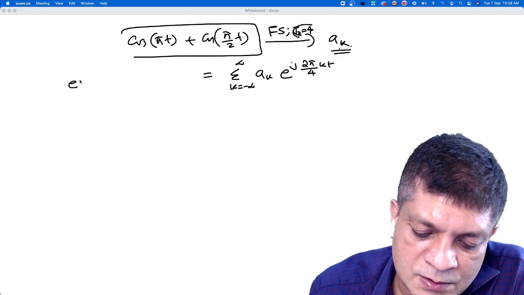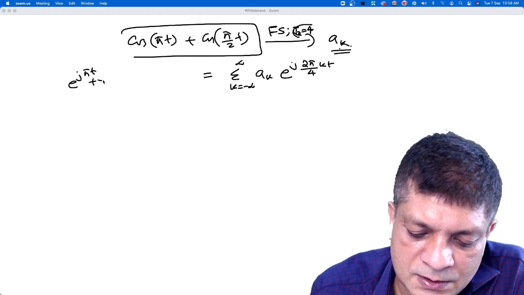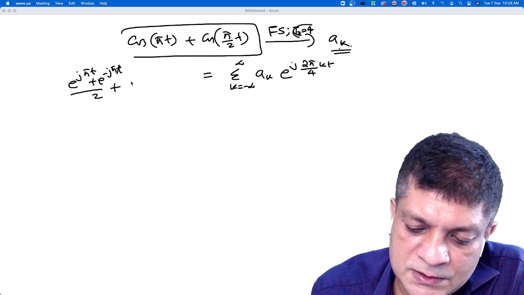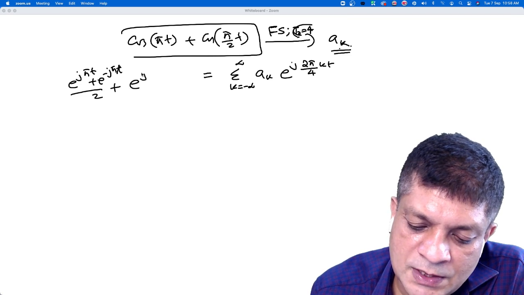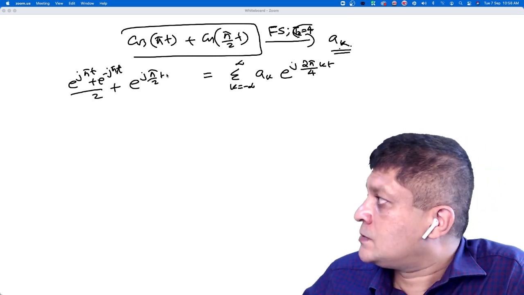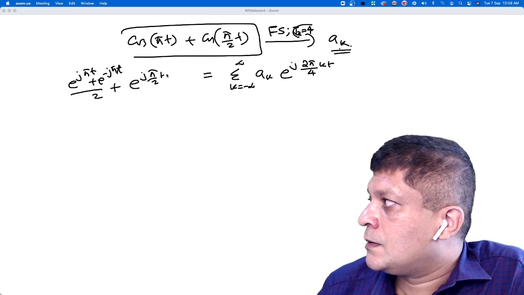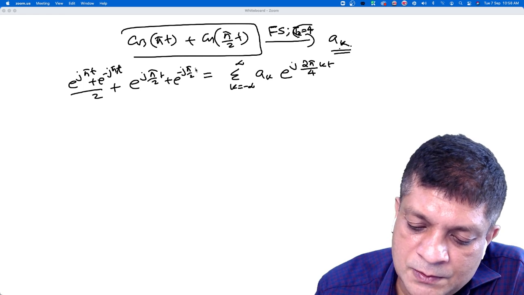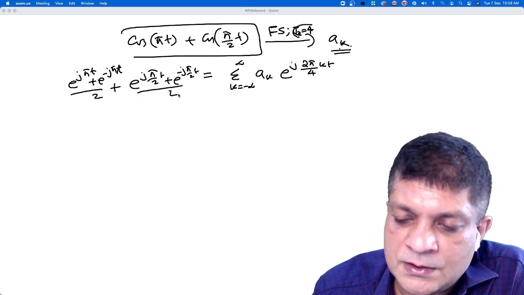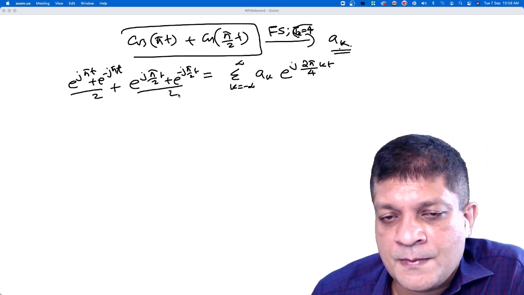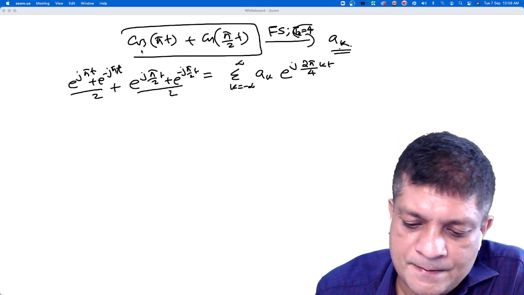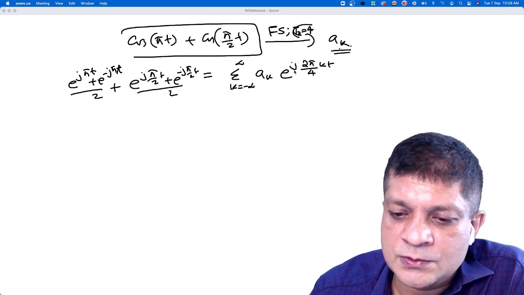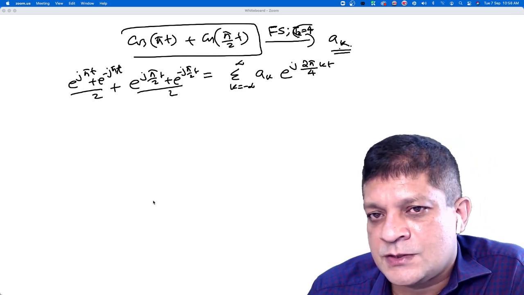It is e to the power j pi t plus e to the power minus j pi t by 2, plus e to the power j pi by 2 t plus e to the power minus j pi by 2 t by 2. Is it that? Yes, sir. Now equate these two terms, then tell me what are the Fourier series coefficients?